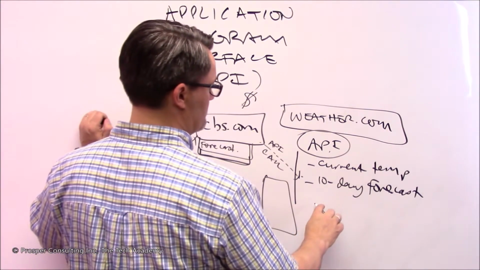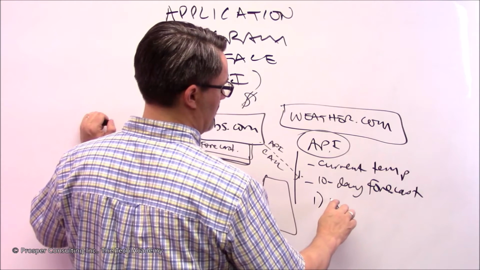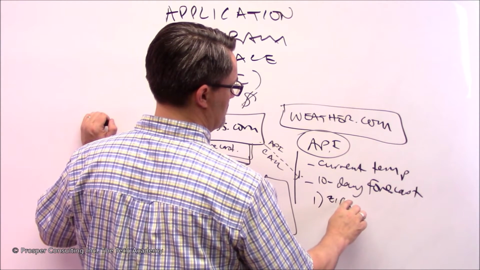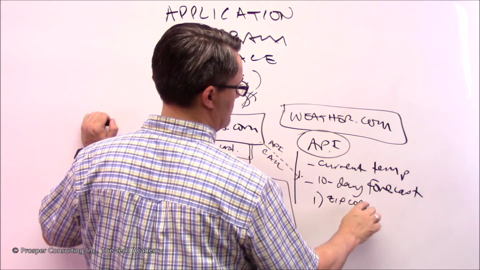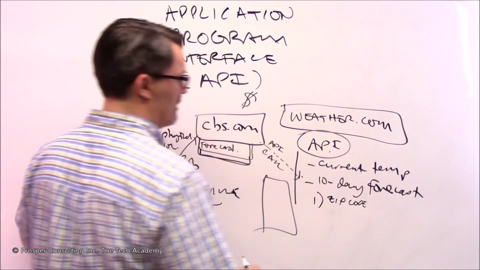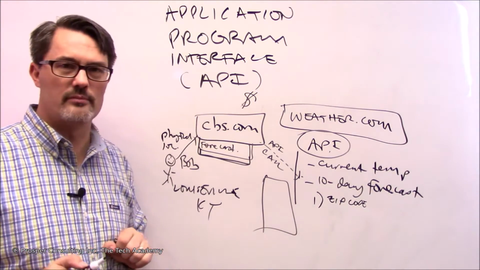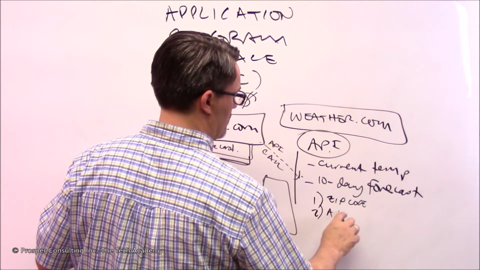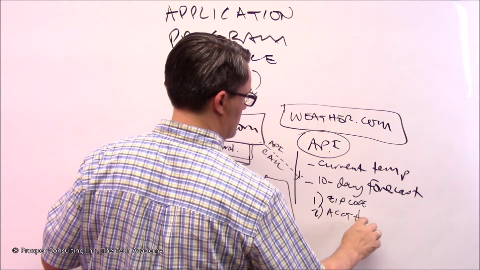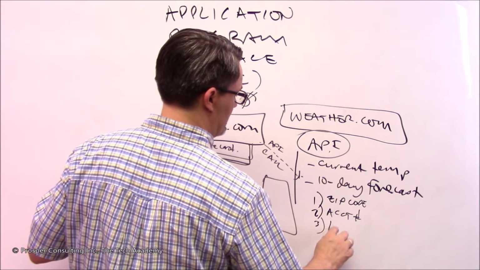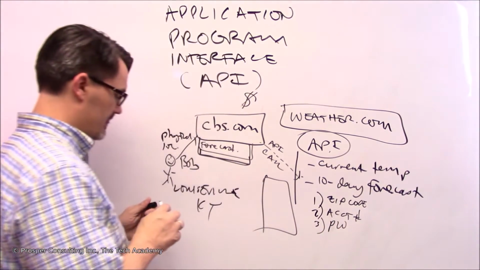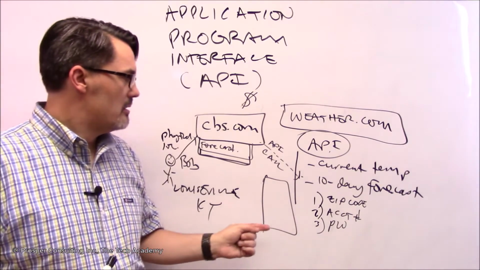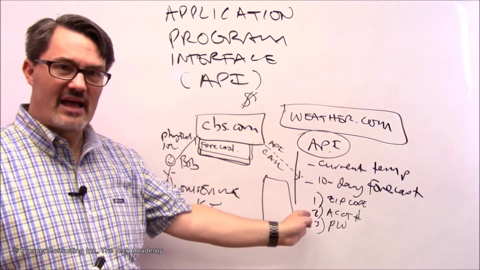You need to give us, first, the zip code of the location you want the data for. And secondly, you need to give us your account number. And lastly, you need to give us your password. And this software is expecting that.